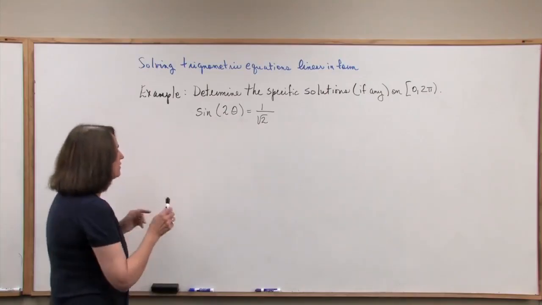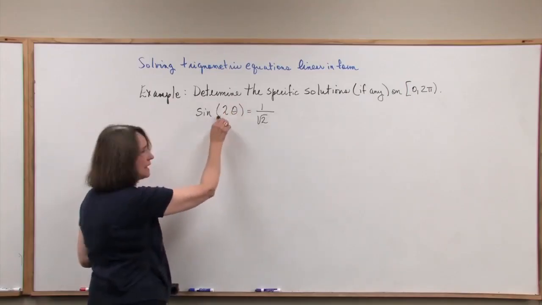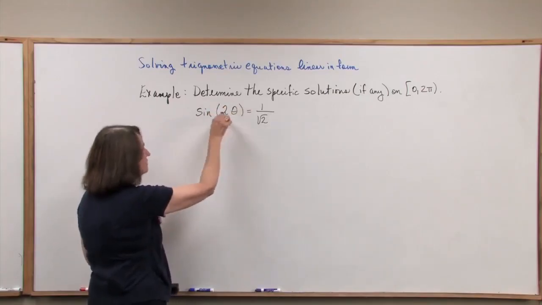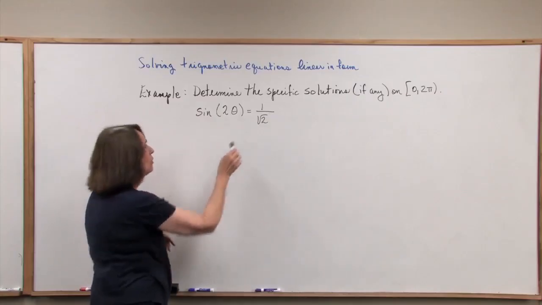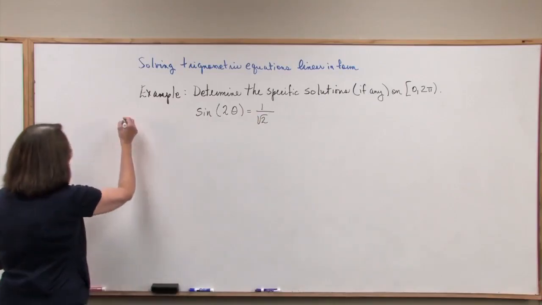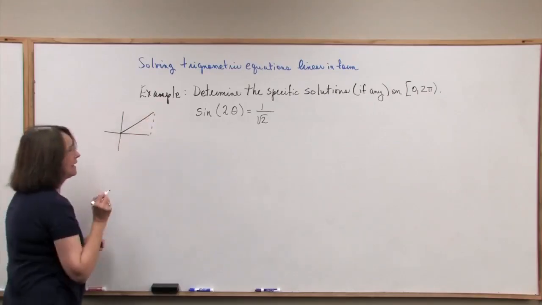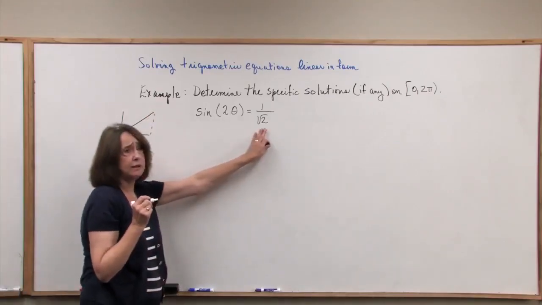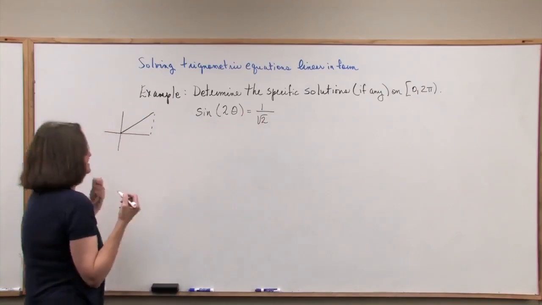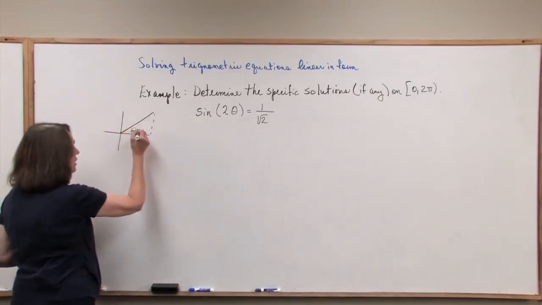So what we want to think about is what solutions of this angle, what solutions when we take the sine of that angle will equal 1 over the square root of 2. Back here at the side, we can find the reference angle, but you may know it immediately because 1 over square root of 2 sine function is in our family and is very obvious to us.